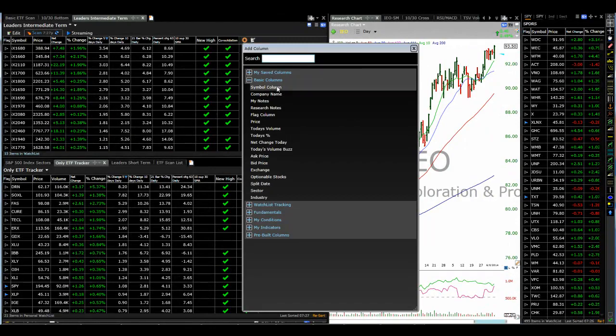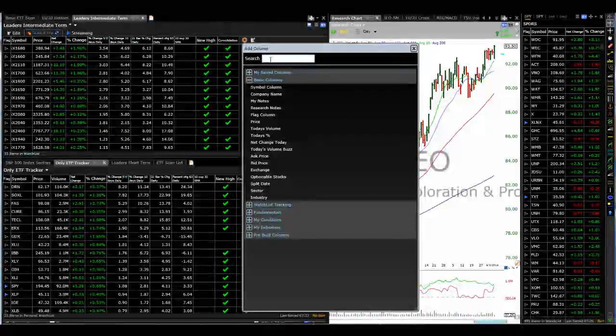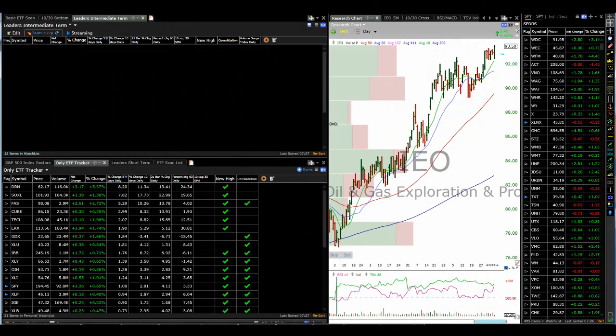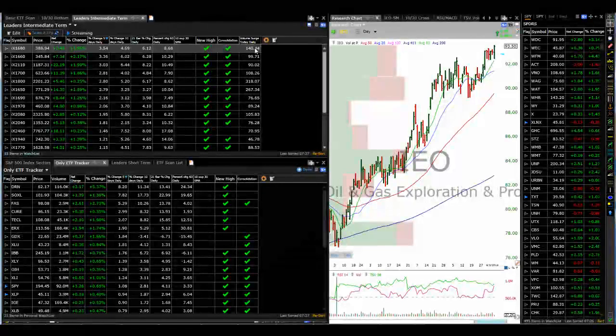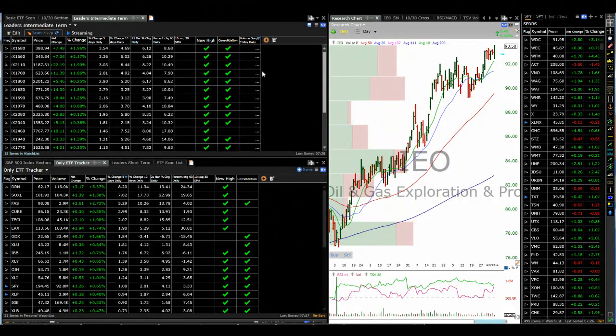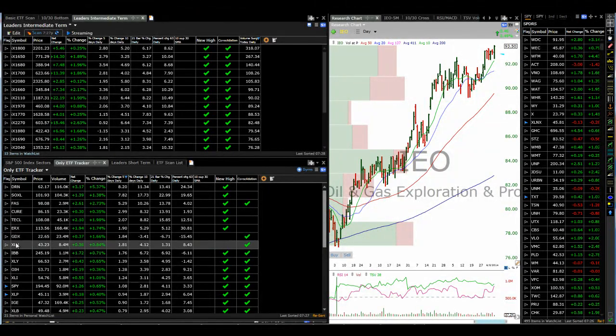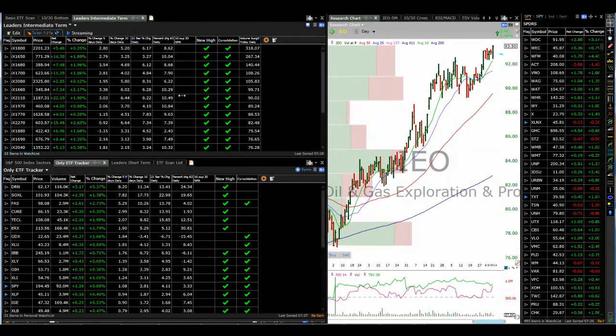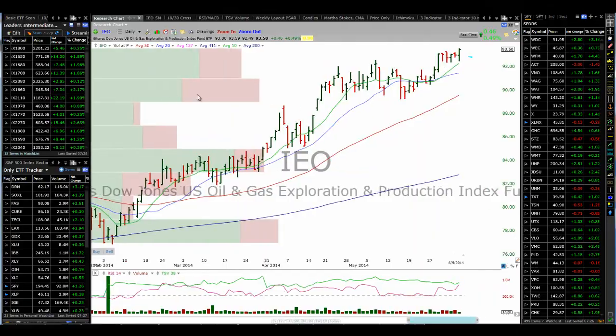And I can go in and look at this, and of course, I won't find it because I'm looking for it, but volume surge today. And I can look at what's surging, and I can sort that. So if I run that first thing in the morning, I know what sectors or ETFs are surging by volume.